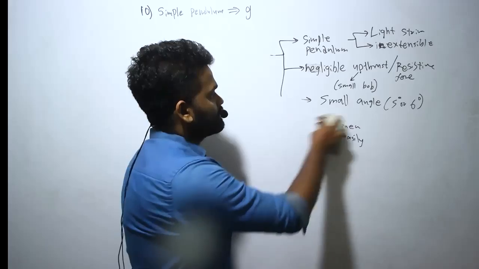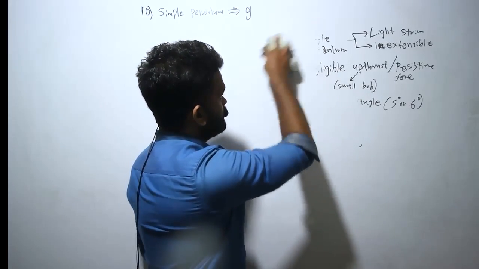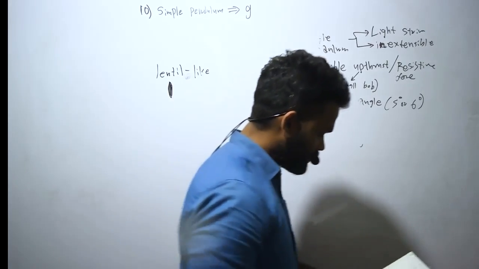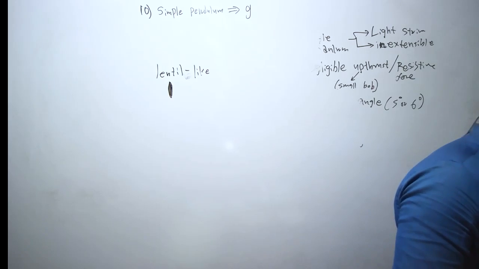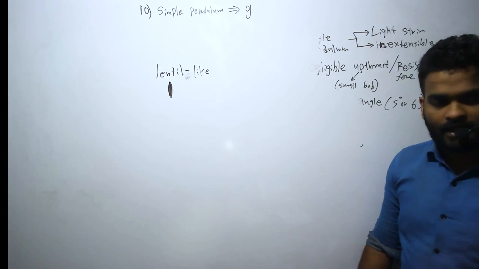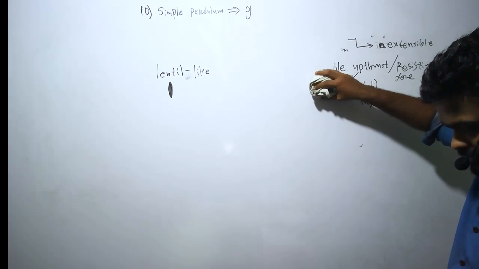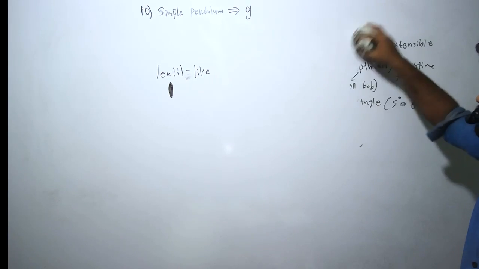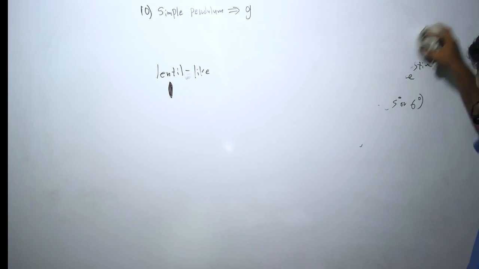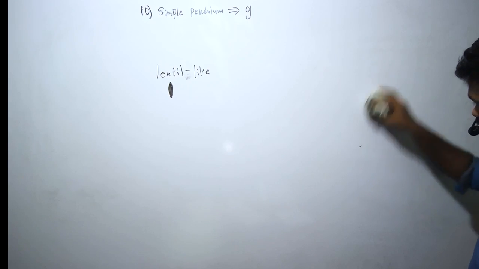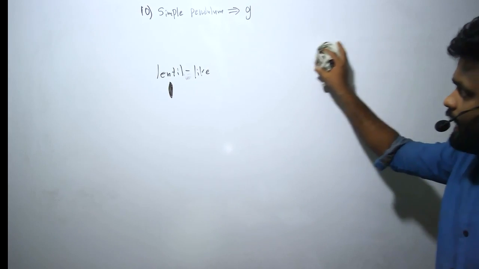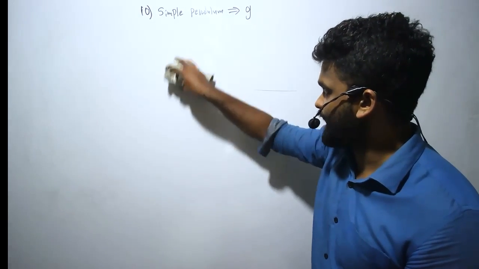Then third one, write down: the pendulum is to be moved at small angles.